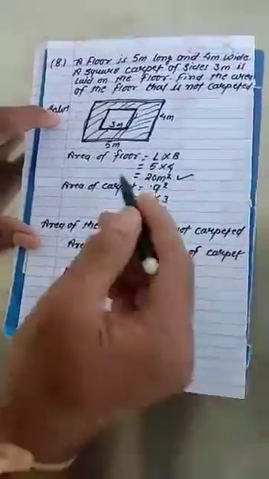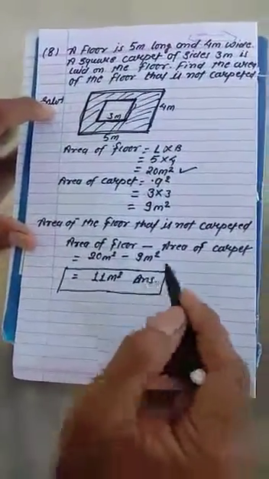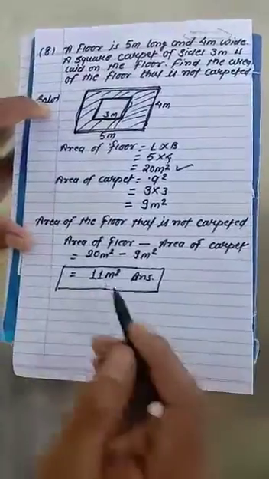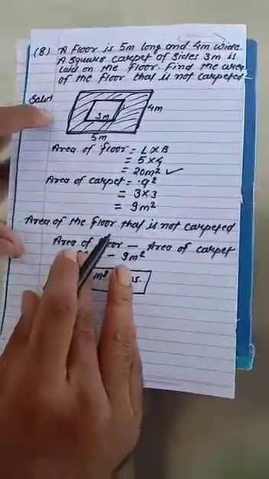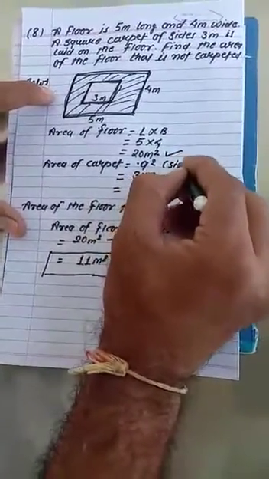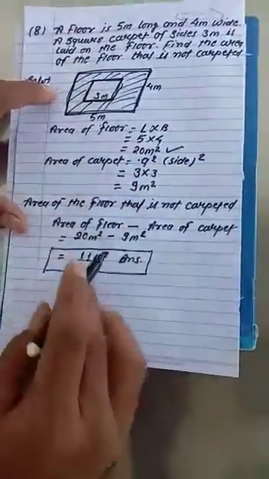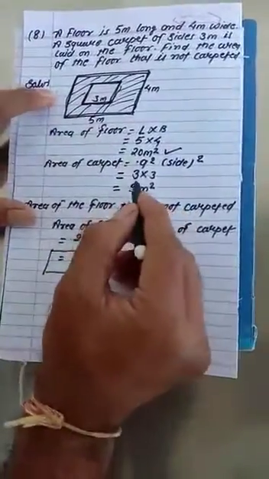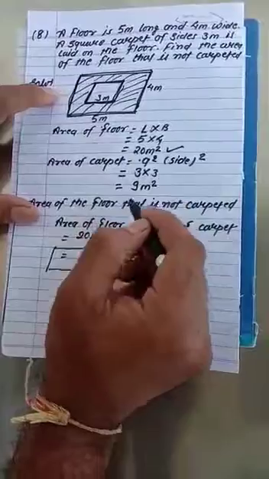And what is the area of the carpet? The carpet is in the form of a square. What is the area of a square? The area of a square is side square. The length of a side of the square is 3 meter, so if you square 3, it will be 9 meter square.